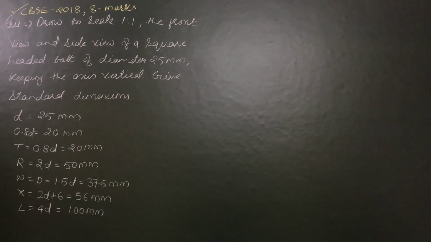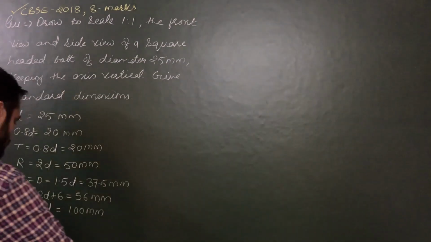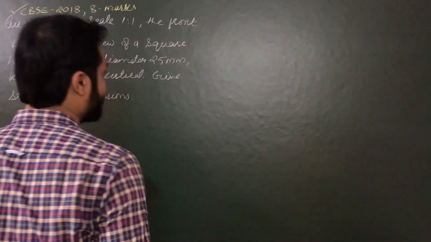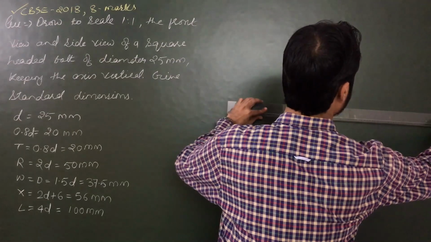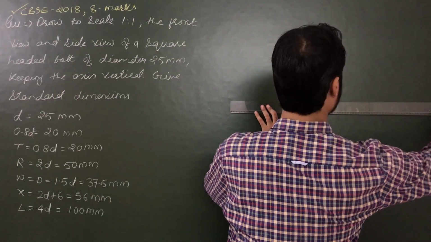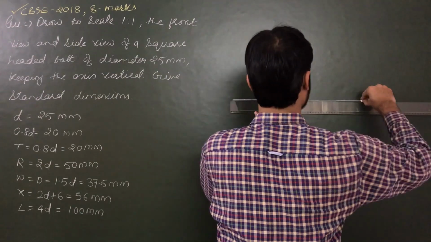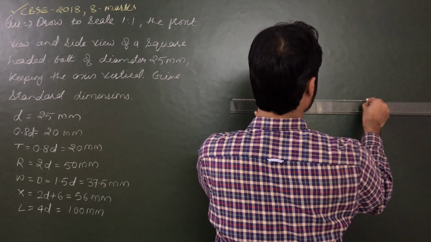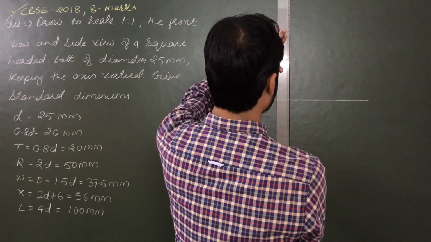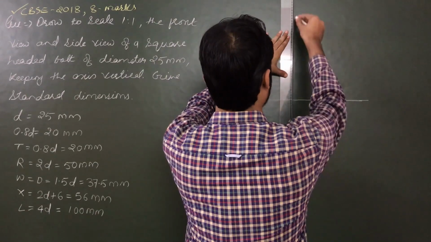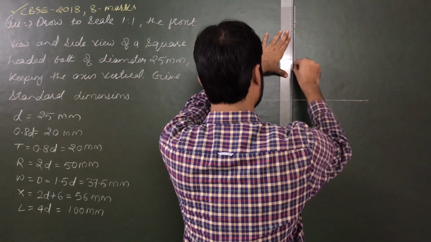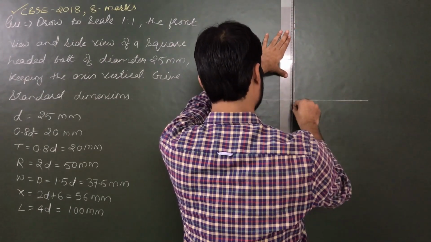square-headed bolt. Now for construction, first of all, we have to draw reference XY line, parallel to the bottom base edge of your sheet, and then draw a vertical line like this. It's a center line.